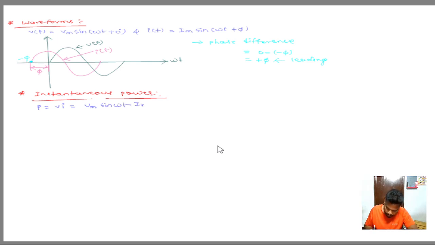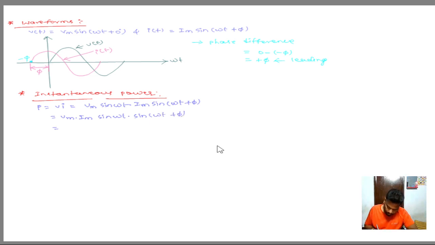I is nothing but Im sine of omega t plus phi. So Vm Im sine omega t sine of omega t plus phi.